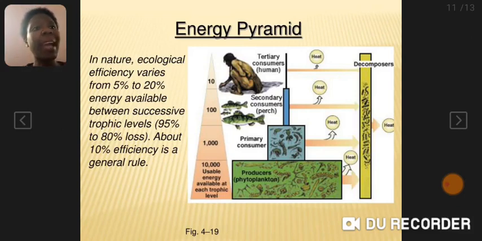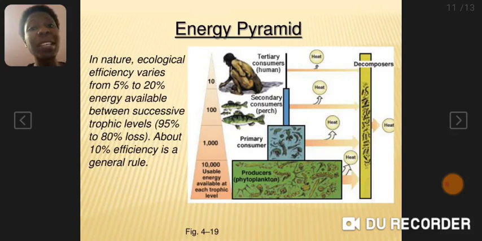That's why along the food chain in a pyramid of energy, the energy decreases. As you go up the food chain in an energy pyramid, you discover that the energy is decreasing from 10,000 kilojoules to 1,000 kilojoules to 100 kilojoules to 10 kilojoules.